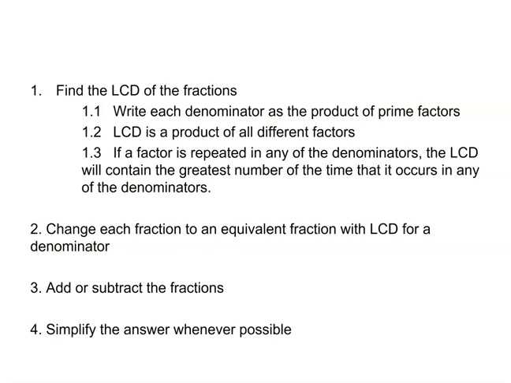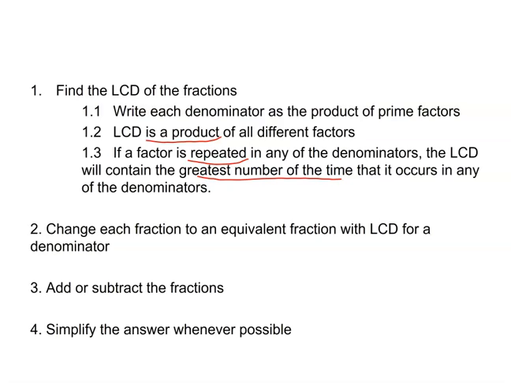You need to write each denominator as a product of prime factors. Then we find all different factors and we multiply them. Then our least common denominator will contain each factor the greatest number of times that it occurs in any of the denominators.